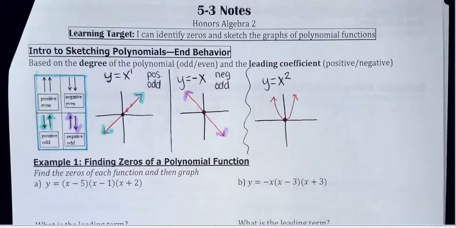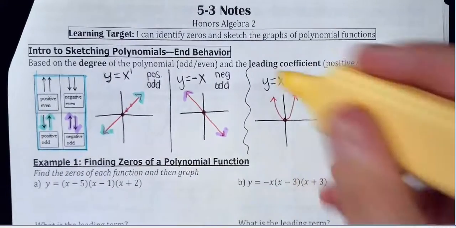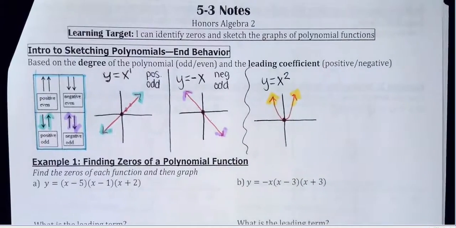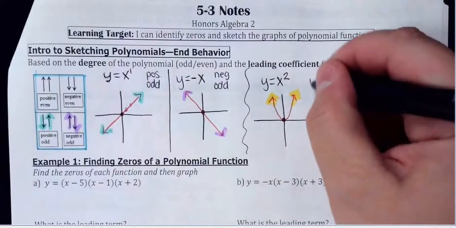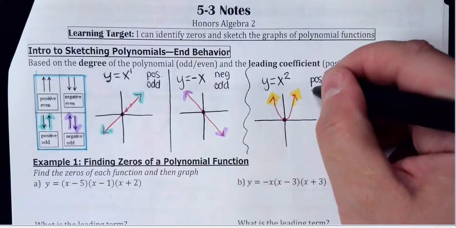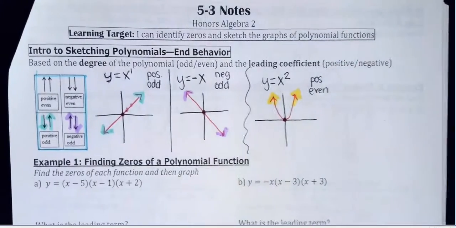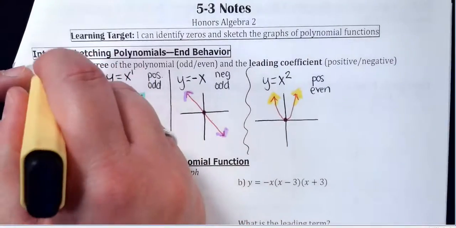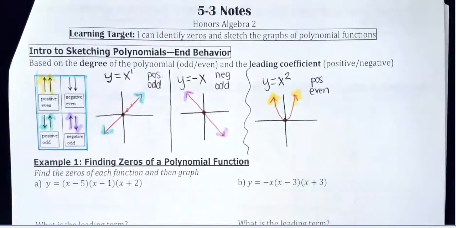But what you will hopefully remember is both ends of this would point up. This would be considered positive because I just have an x squared. There's nothing negative in front of it. And this is even because it's x squared. So the end behavior there, positive, even, both ends are going to go up.